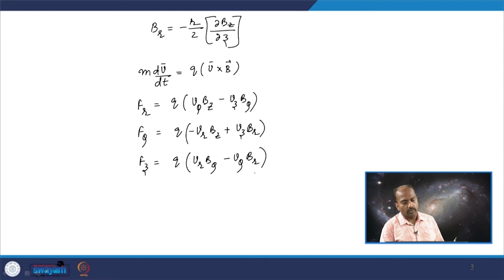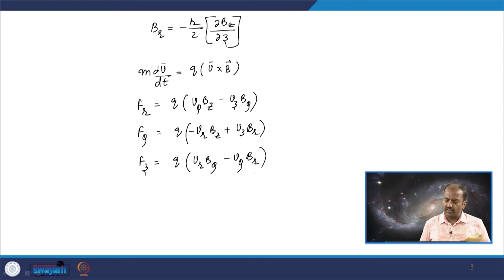Right. So, these are just the components of the Q times V cross B. So, we always had this type of cross products.